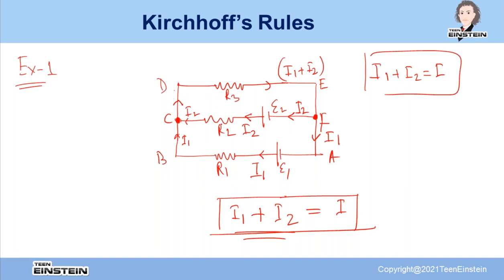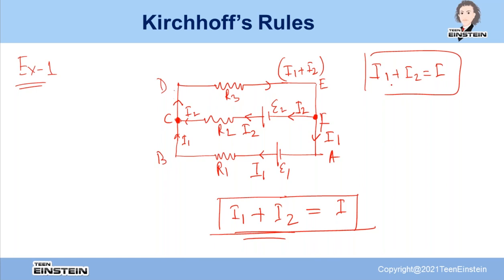You have to see there are two unknowns. If the values of R1, R2, R3 and E1 and E2 are given and they ask you to find the current, there are two unknown quantities, I1 and I2, right?